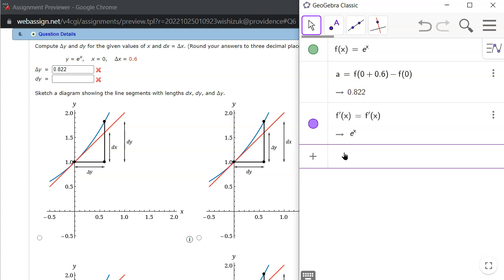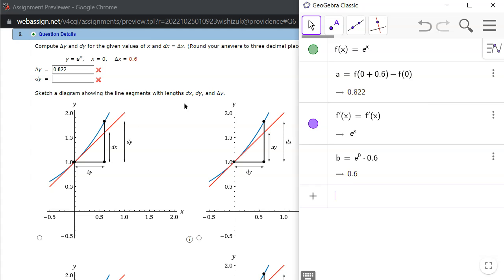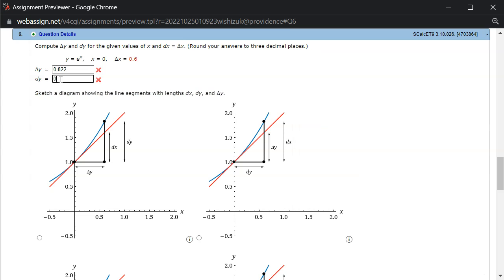I'm going to compute e to the 0 times dx, which is given to be 0.6. The answer is going to be 0.6 because e to the 0 is 1. So this is going to be 0.600. Let's check the answer.